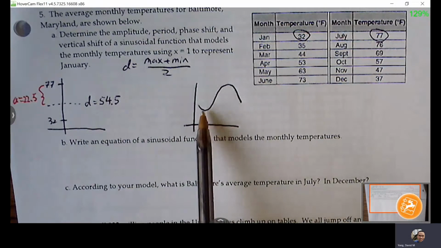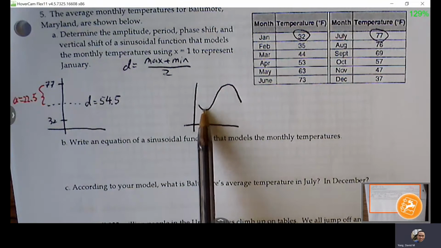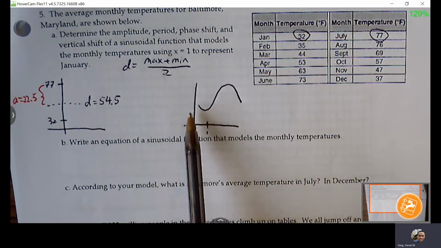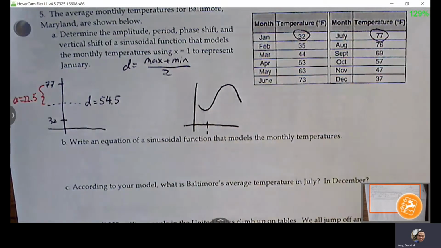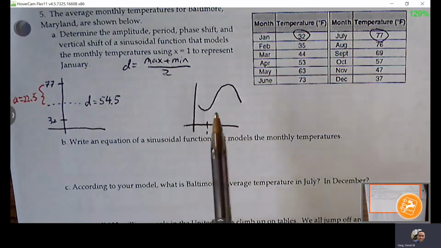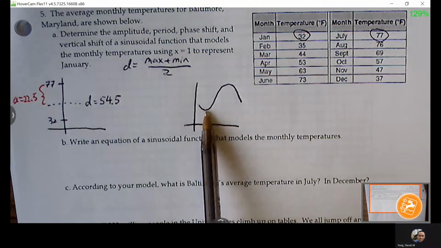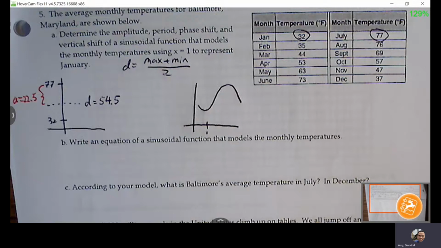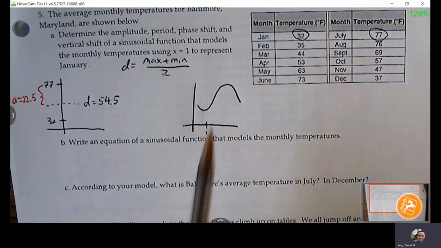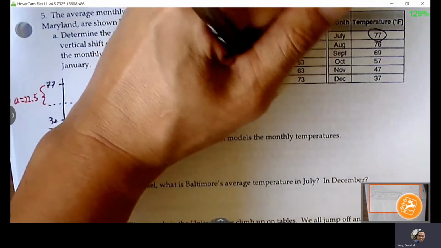Cosine. Right. So if we think of it as starting at the minimum, there's a little bit of a shift, but if we think of this as our minimum, we can think of it as a cosine graph. We can just do a reflection of the cosine graph to get a minimum. Is A going to be negative? That's right, A will be negative. Your period is 12 months.